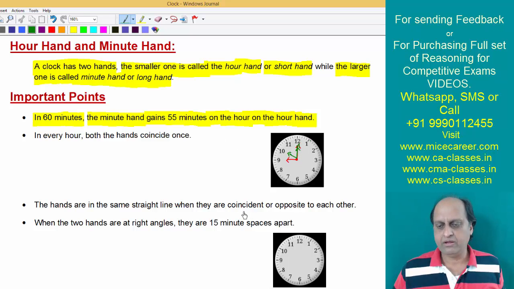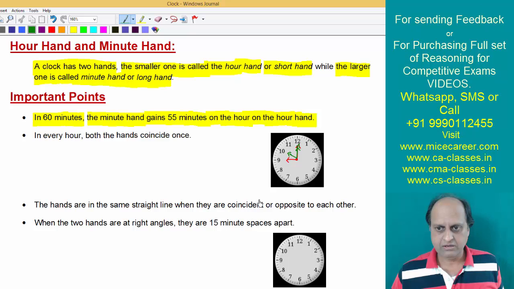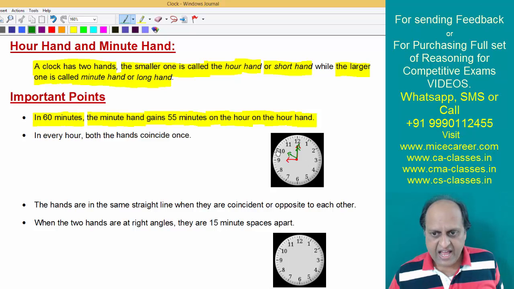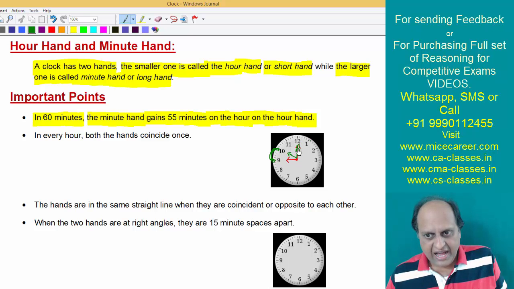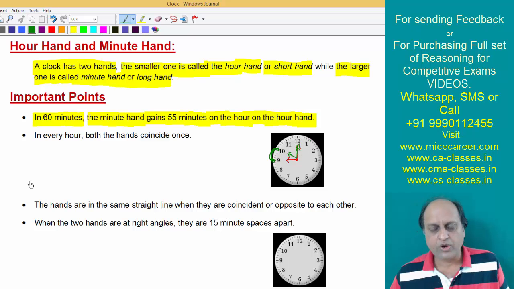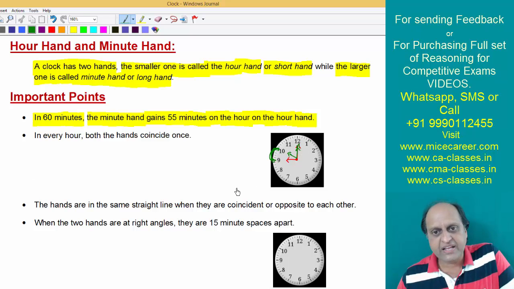So what is happening? In an hour, the hour hand has moved 5 minutes, equivalent to going from 9 to 10, while the minute hand has made a complete rotation of 12 main places.